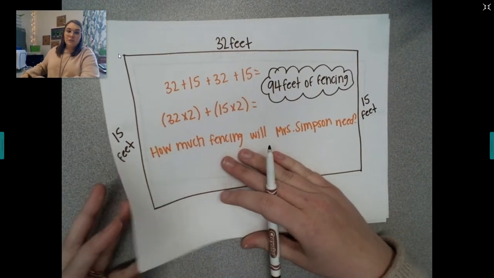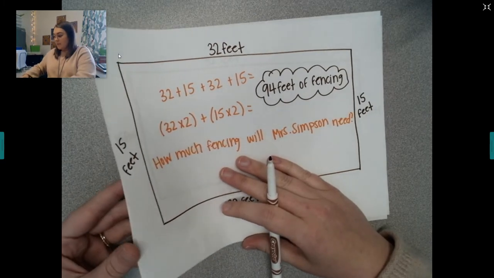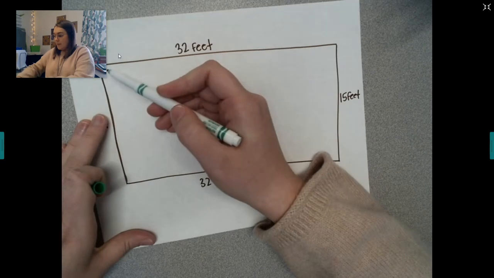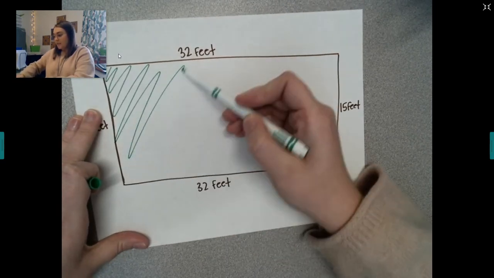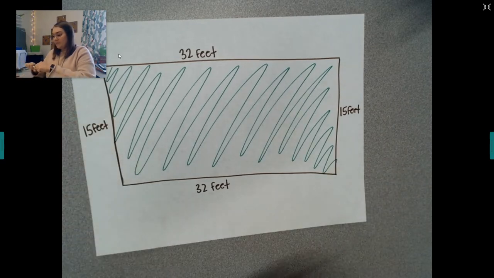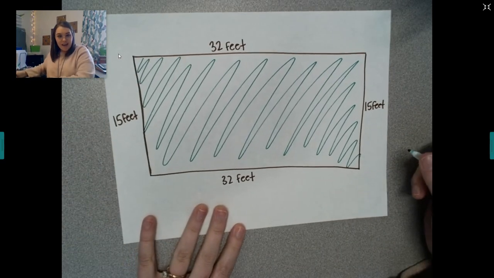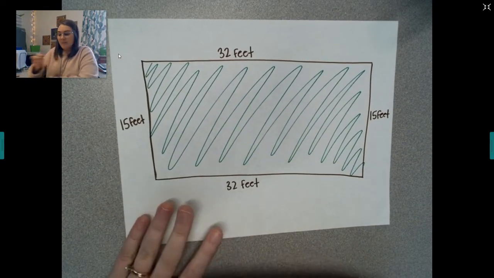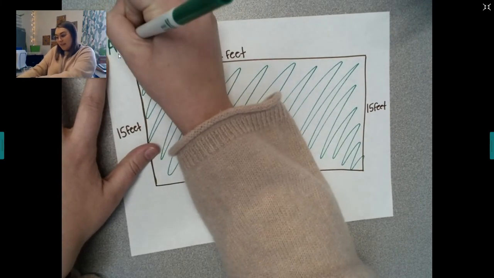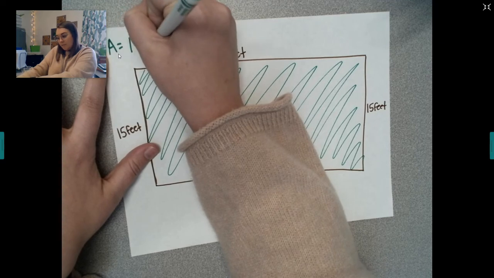Now, Mr. Simpson is saying, you know what? We need some grass. Well, I need to figure out how much grass can fit in our whole entire backyard. And how do I do that, you say? I find the area. So area is length times width.